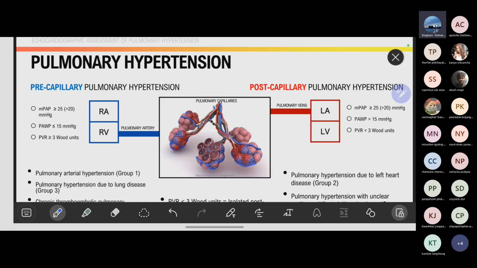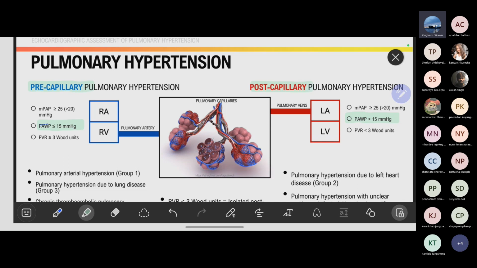Pulmonary hypertension can be defined by using pulmonary artery wedge pressure into two groups, which are pre-capillary pulmonary hypertension and post-capillary pulmonary hypertension.